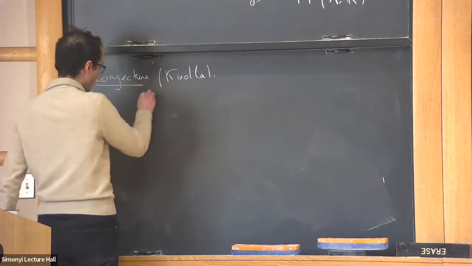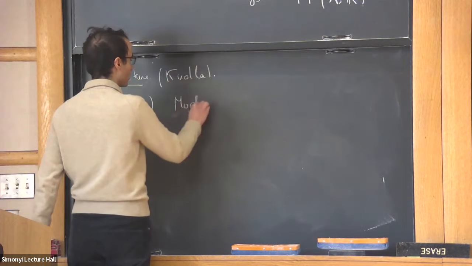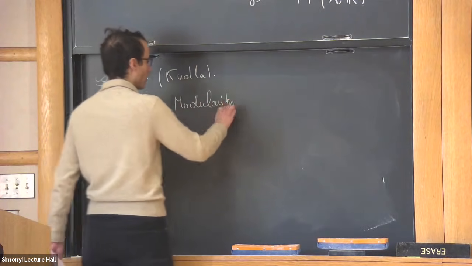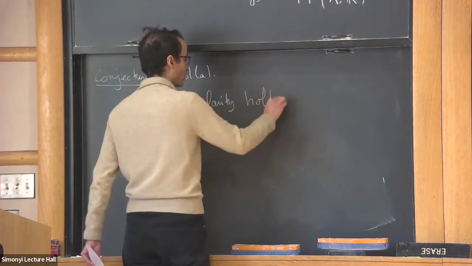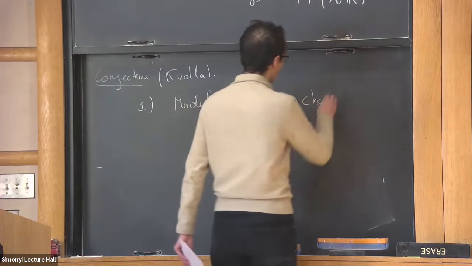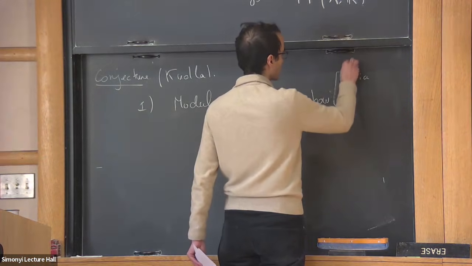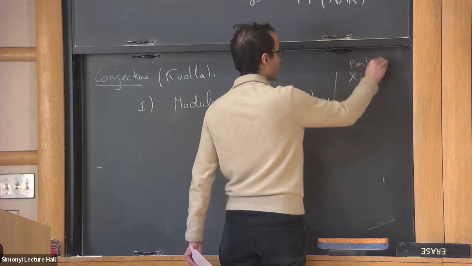So the first conjecture, of which I'm not going to say anything today, is that this modularity holds in Chow. I mean, except for some very few results due to Shia, this is a partial result. This is still wide open in general.